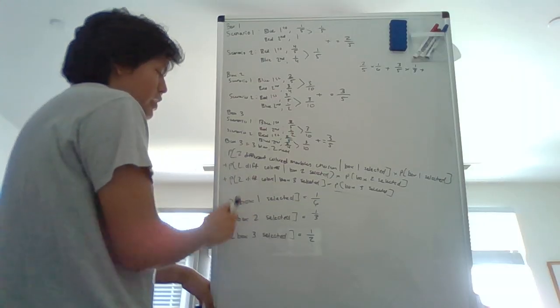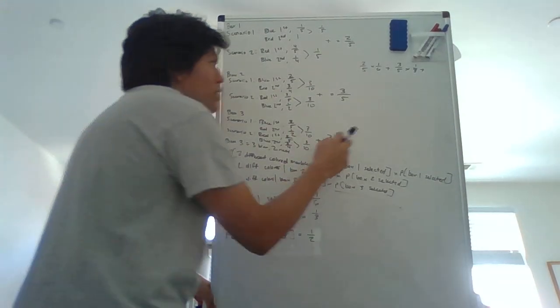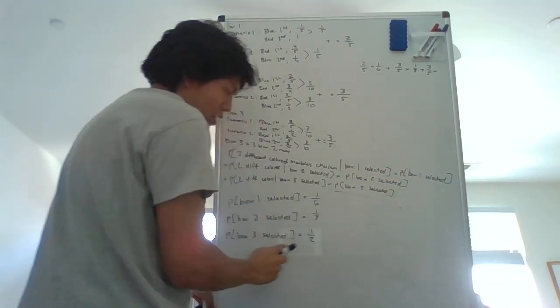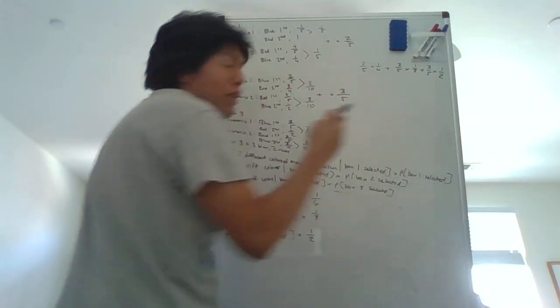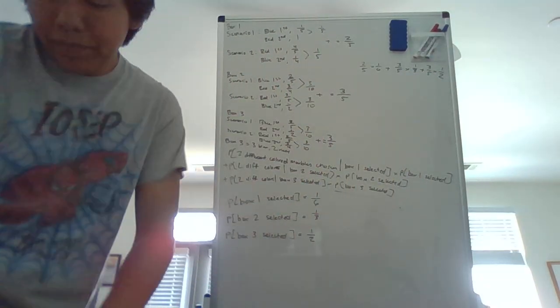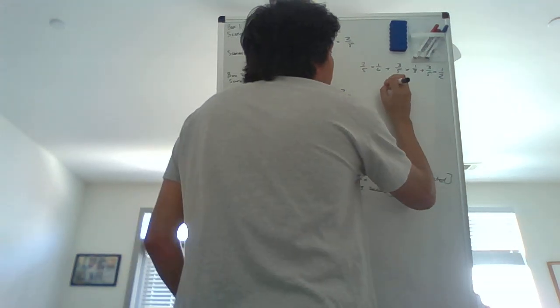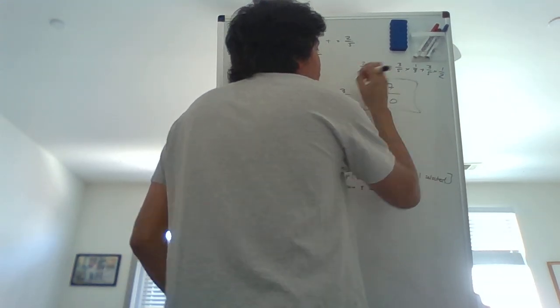Plus the probability of 2 different colored marbles being chosen given box 3 was selected is 3/5. Times the probability of box 3 being selected is 1/2. And that all equals 17 over 30. And that is our answer.